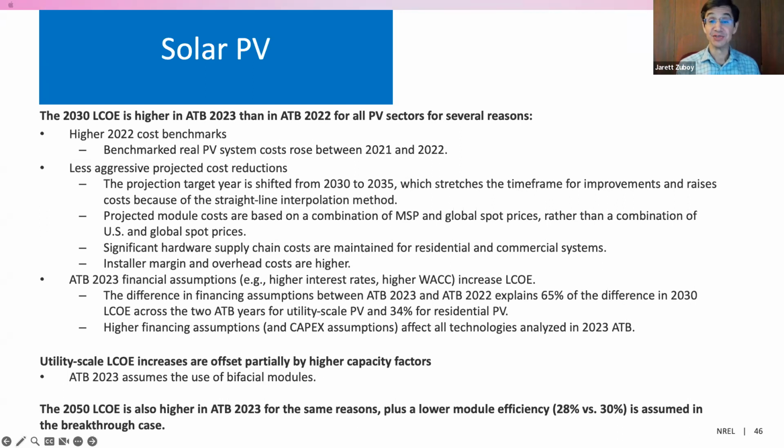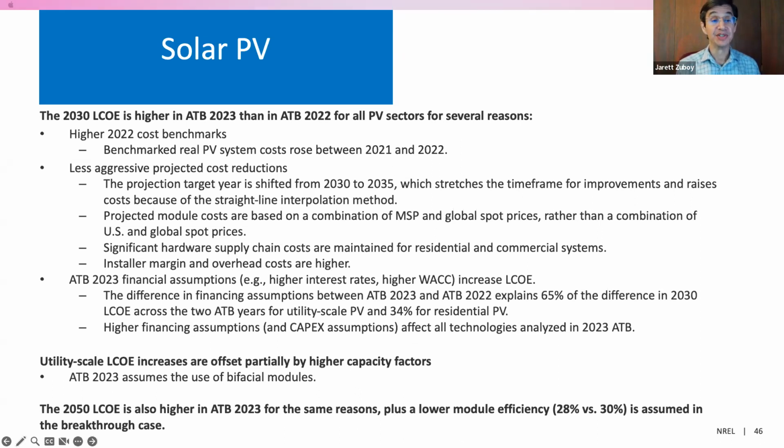And then the financing assumptions, which apply to every technology in ATB, have a pretty big impact. If you look at utility scale PV, the difference between the financing assumptions explains about 65% of the difference in 2030 for utility scale PV in price, and 34% of the difference for residential PV.